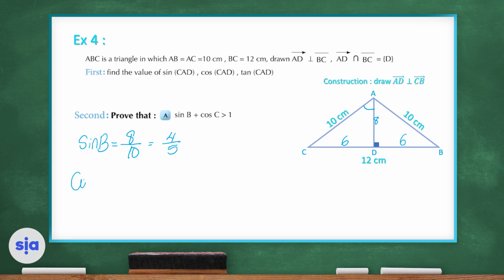And cosine C, it's equal to adjacent, which is 6, over the hypotenuse, which is 10. That would be 3 over 5. Let's now check that 4 over 5 plus 3 over 5, it's equal to 1.4, that is greater than 1.